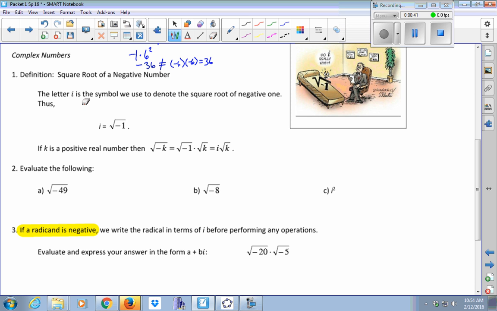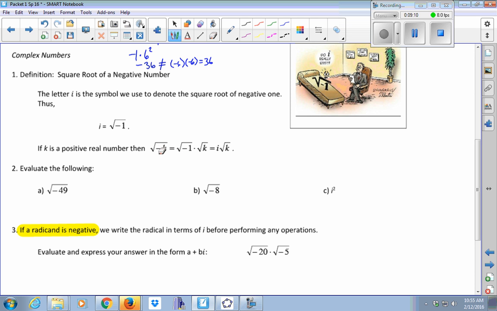But okay, so i is defined. It's a number. It's an imaginary unit. That's what we call i, an imaginary unit, or a number. It's the square root of -1. That's how it's defined. So if you had the square root of any negative number, the way you can separate that radical into a multiplication problem is, again, by doing what you're familiar with.